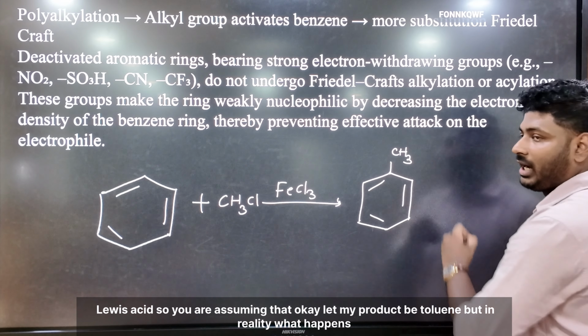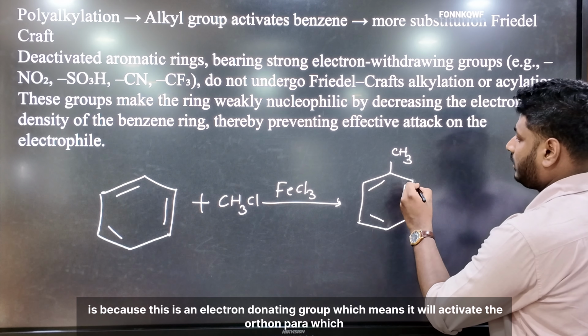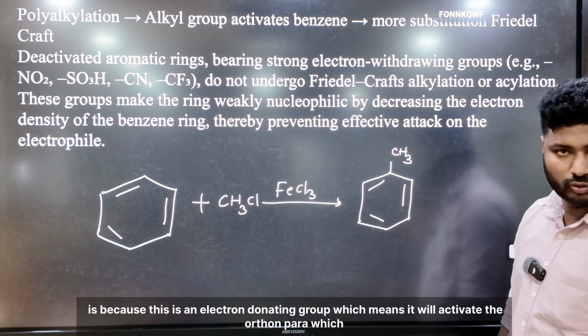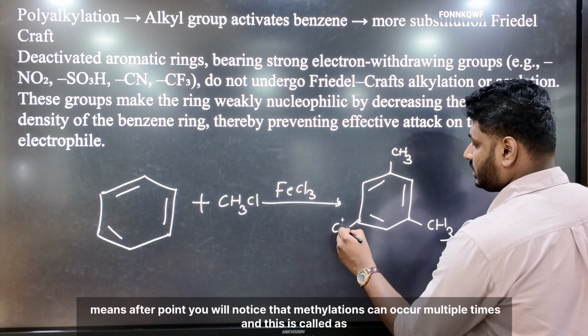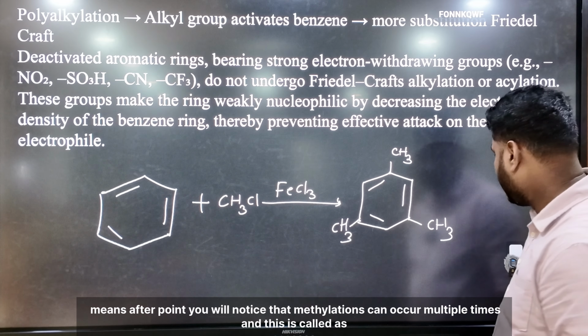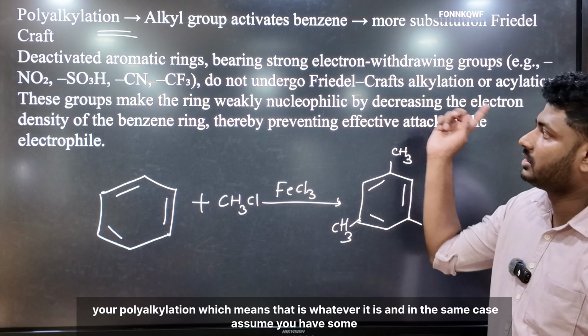But in reality, what happens is, because this is an electron donating group, it will activate the ortho and para positions, which means after a point you will notice that methylation can occur multiple times, and this is called polyalkylation.